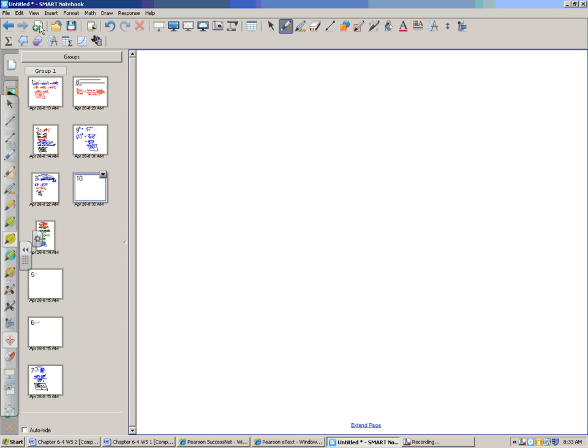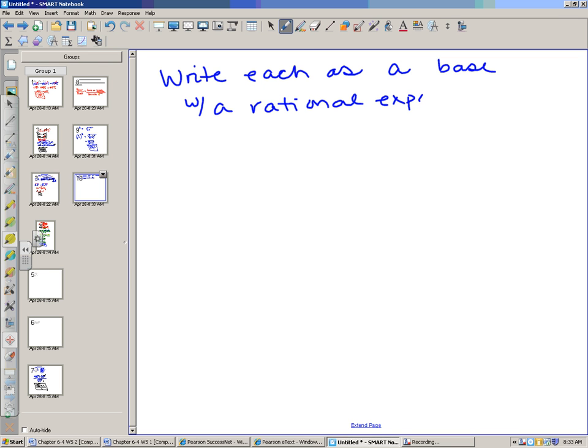Before I do that, let's go backwards. Write each as a base with a rational exponent. Okay?